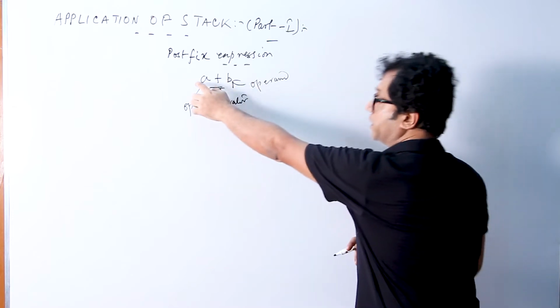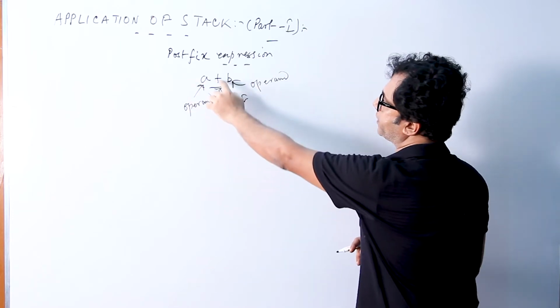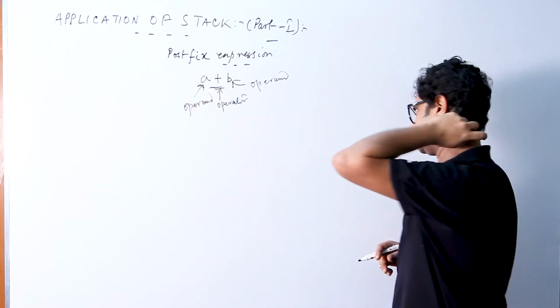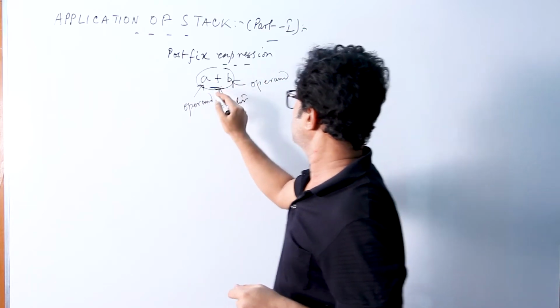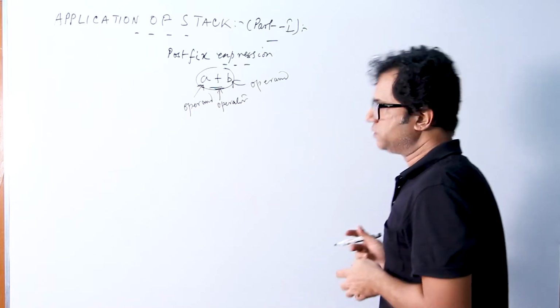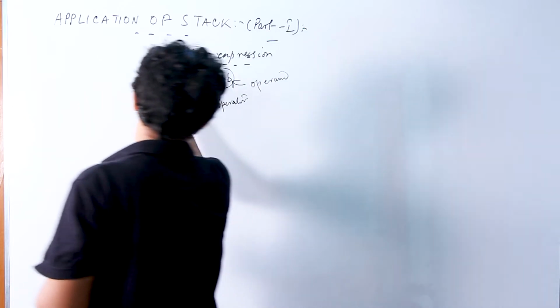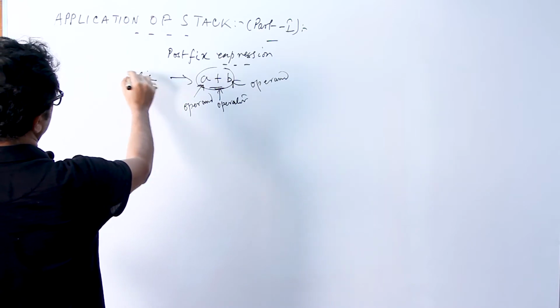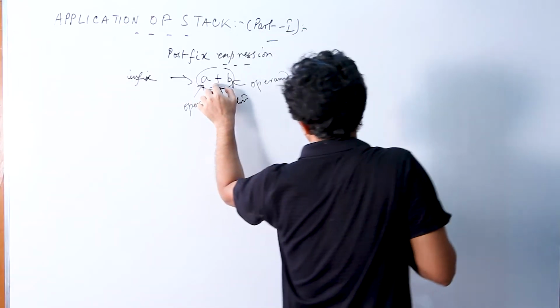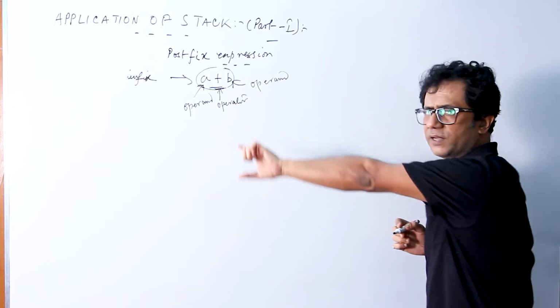So there are two operands a and b having an operator in between, that is the plus. This is the normal way of writing expressions. This is the infix expression, where the operator comes in between the operands.